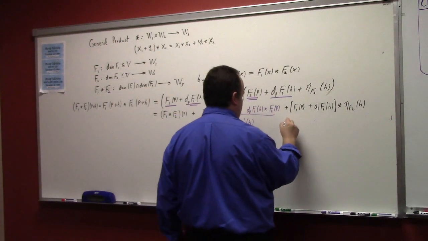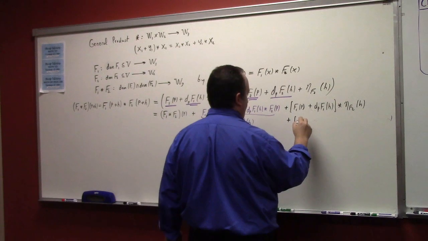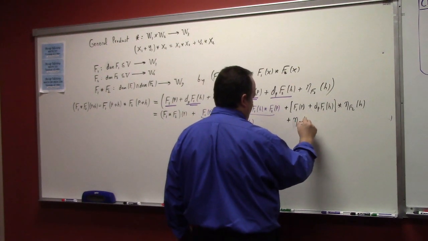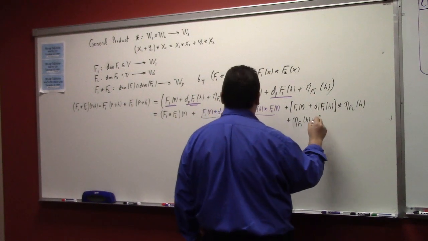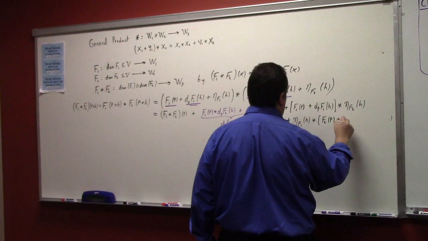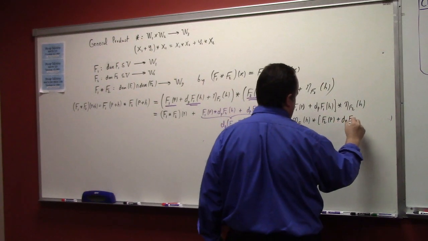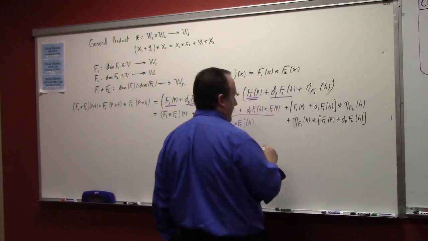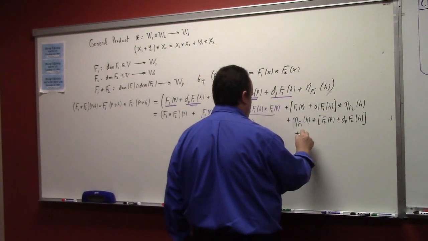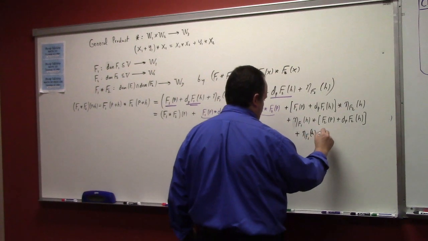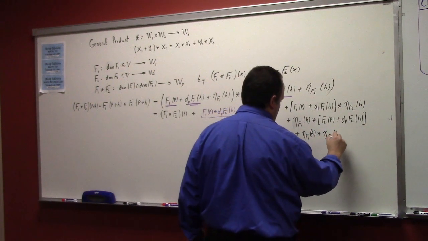And then plus A to F1 of H times F2 of P plus dP F2 of H. I'm just writing this to be symmetric, right? And then of course there's also the A to F1 of H star A to F2 of H, right?